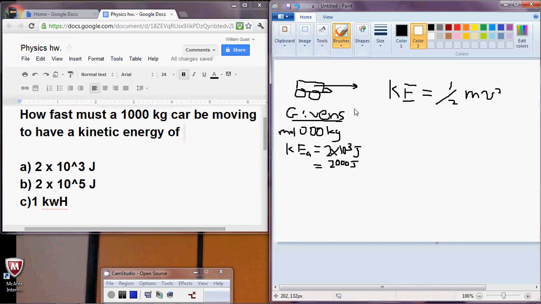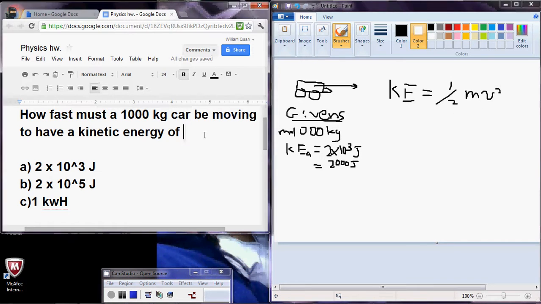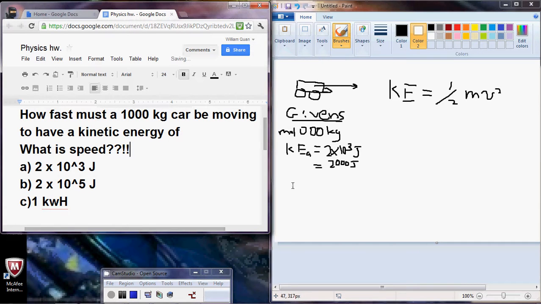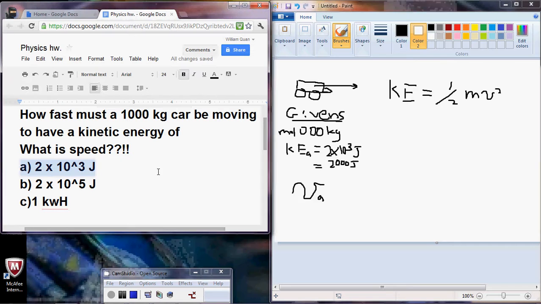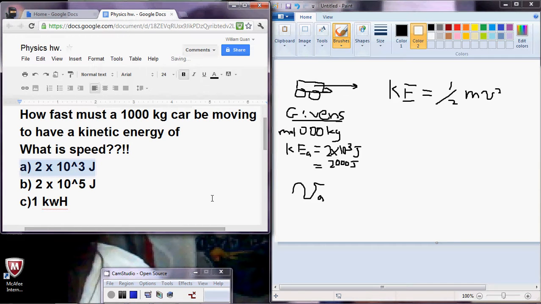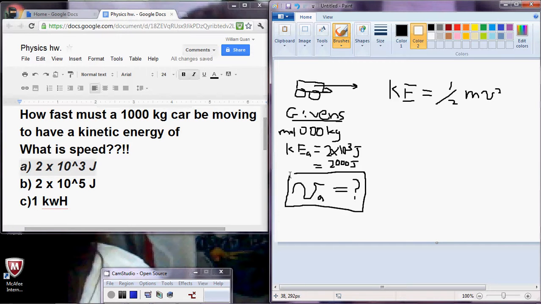What we're actually looking for is the speed, which I'll write here, V of A, which is related to the kinetic energy of A. V of A equals question mark, and that's what we're trying to find out.